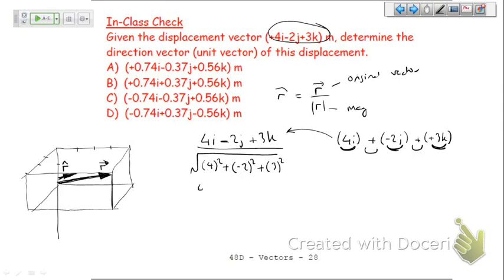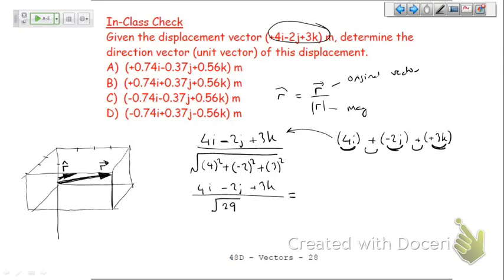So this would be 4i minus 2j plus 3k over, and this would be the square root of 16 and 4 makes 20. It's the same thing, isn't it? Oh no, it's 29, isn't it? 16 and 4 makes 20, and that makes the square root of 29, which equals, and the rest is literally sums.